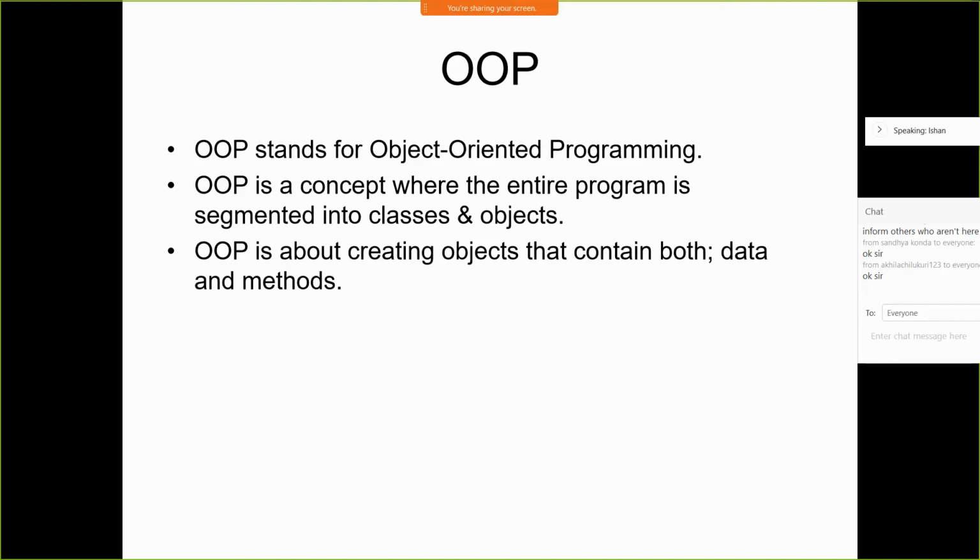So I will just go with the overview of the OOPS. OOPS is actually a programming concept, or a programming structure, where the entire program, the entire code, is segmented into classes and their objects. Or the actual definition of OOPS is creating objects that contain both data and methods.